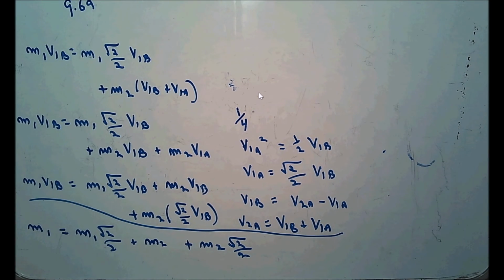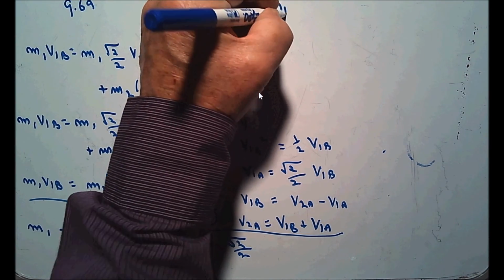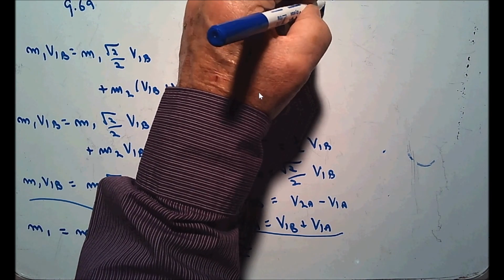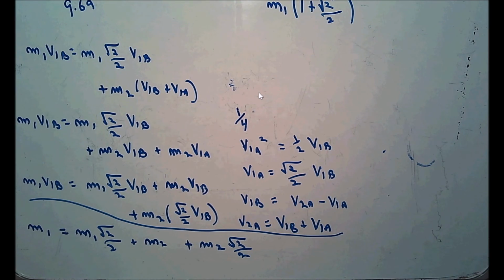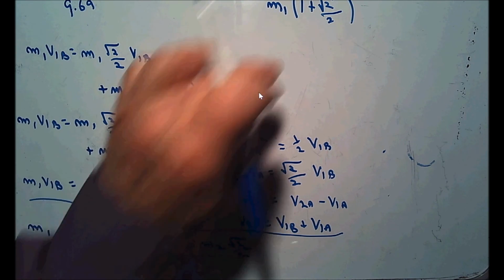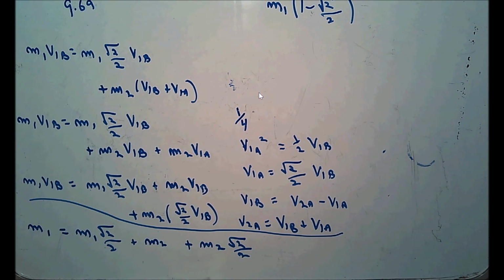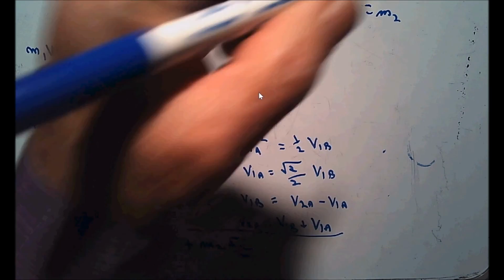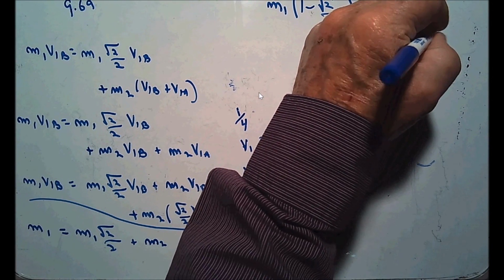So we just have to collect terms, and now collect the M1 terms. M1 times 1 plus the square root of 2 over 2. Oh, it should be a minus sign. I'll bring that on the other side of the equation. That should be a minus 1. And then collect the M2 terms. That equals M2 times 1 plus the square root of 2 over 2.